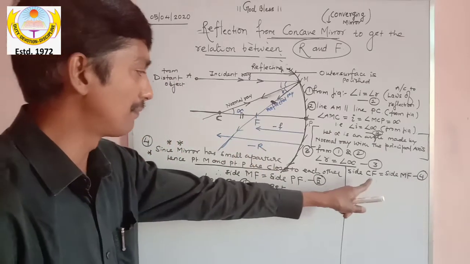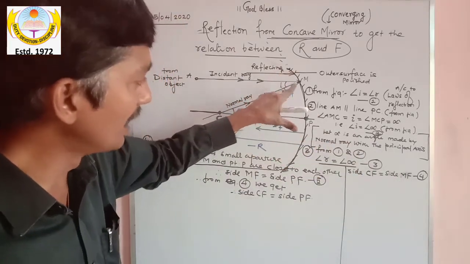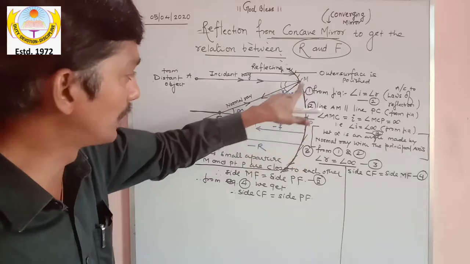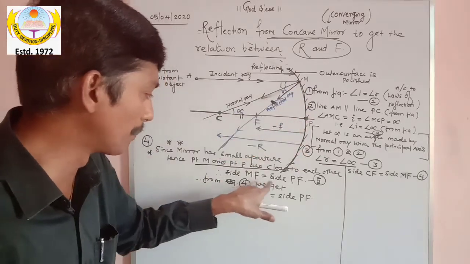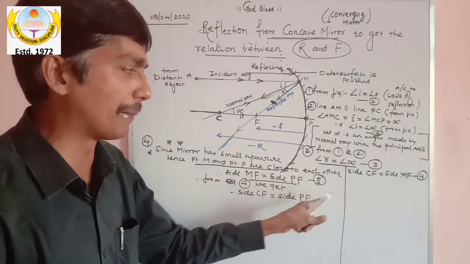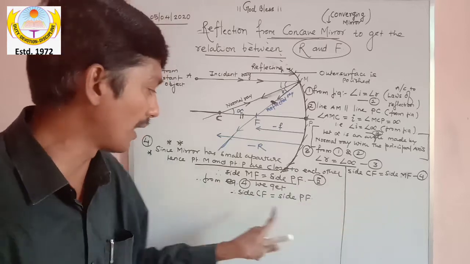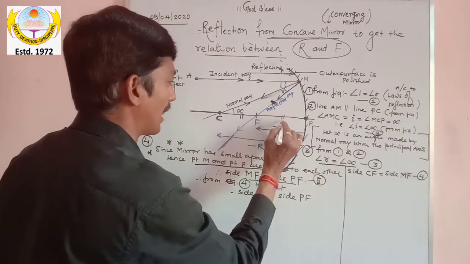Side CF, because CF was equal to MF. But मैंने बोला कि aperture बहुत छोटा है, so M और P बहुत close हैं, तो जितना M to F होगा MF, उतना ही P से F होगा. That's important. And therefore we said अगर MF PF के बराबर है और MF CF के भी equal था, तो CF and PF are equal. मतलब now CF and PF are equal.